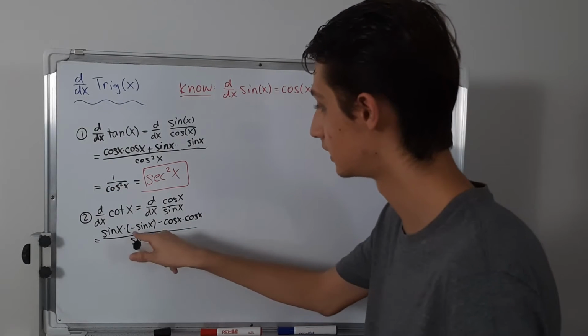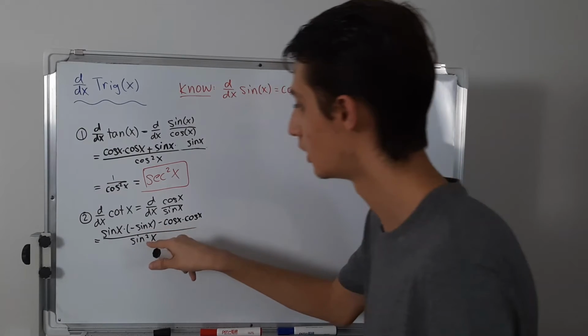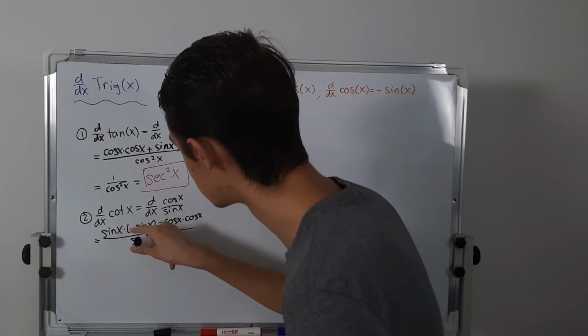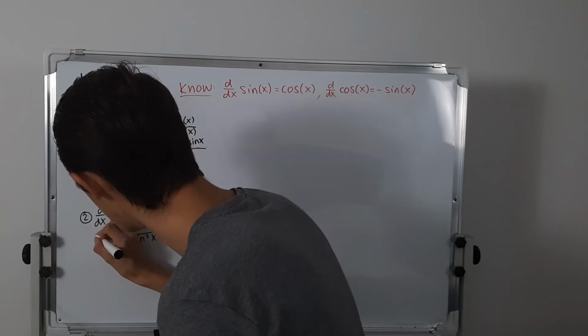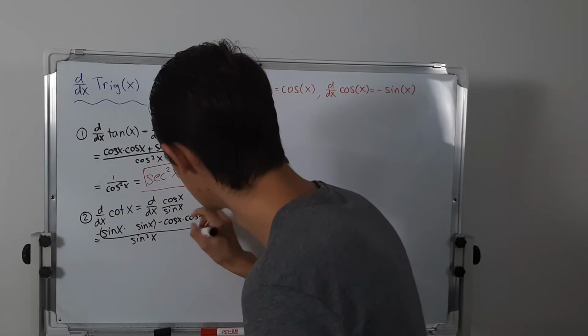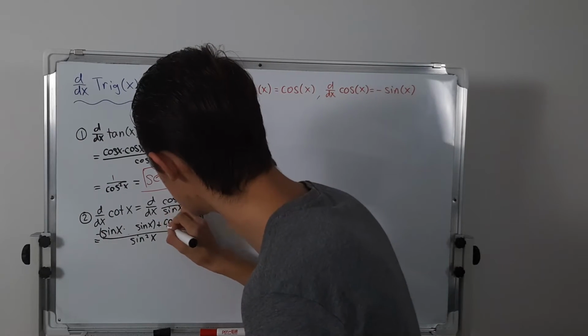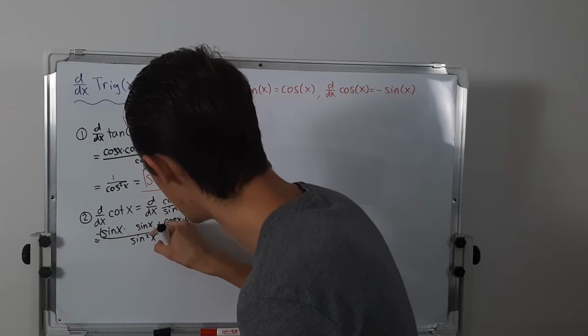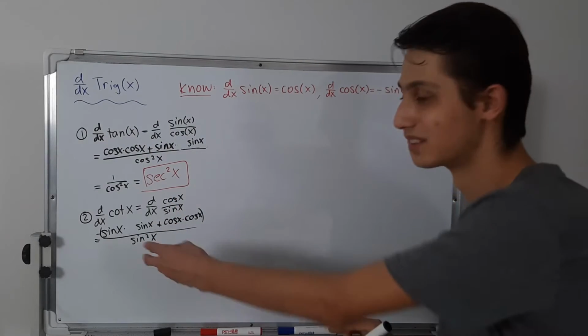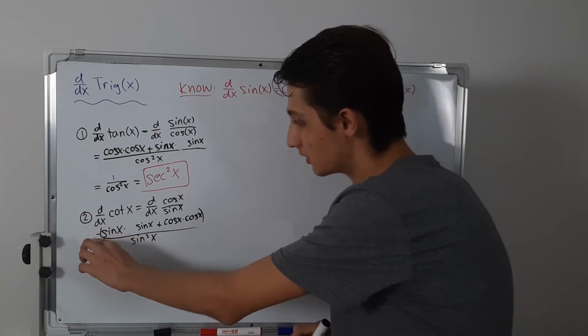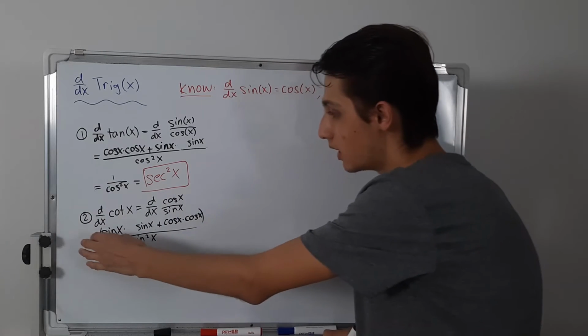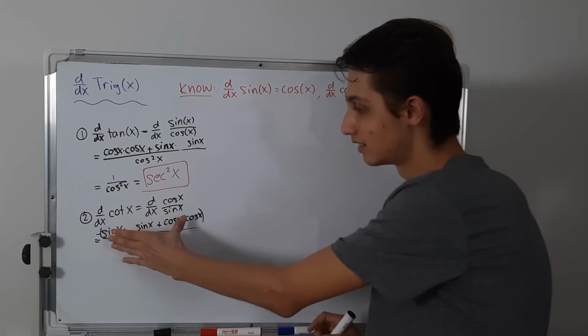So what we have here is a negative and a negative. We can really just factor out this negative, so I'll factor it out, and then this is going to turn into a positive. So we factored the negative out, and then we have a positive in here. And this, again, is just 1.